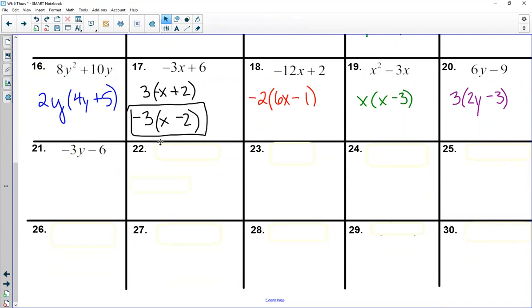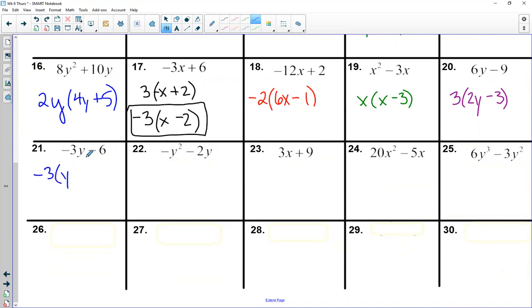Open up our second to last row here. Negative 3y and negative 6 both share a negative 3. So negative 3 times y will give me negative 3y. Negative 3 times positive 2 will give me negative 6.